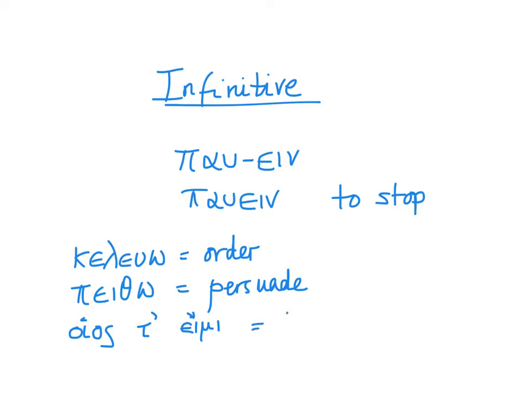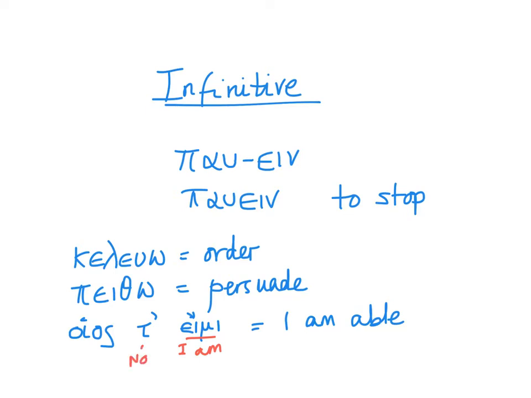And this means I am able. This third one is, as you can see from its construction, rather unusual. Eimi by itself means I am. And that part of the verb is going to change if you want to say you are able, we are able, and so on. The te here has basically no meaning at all.